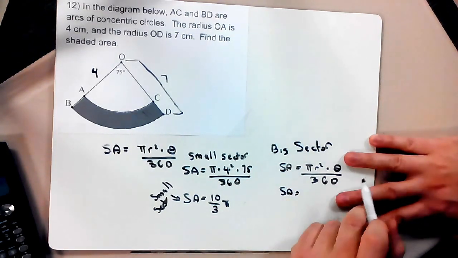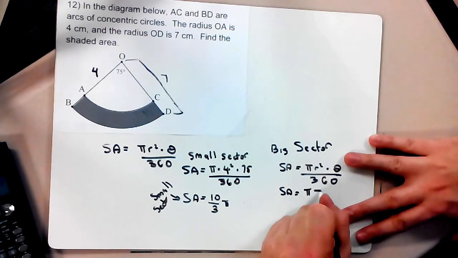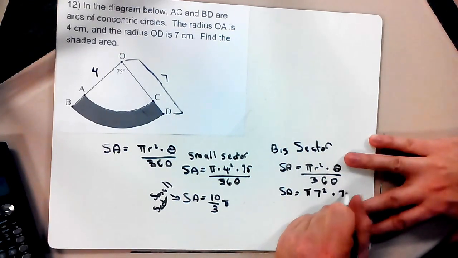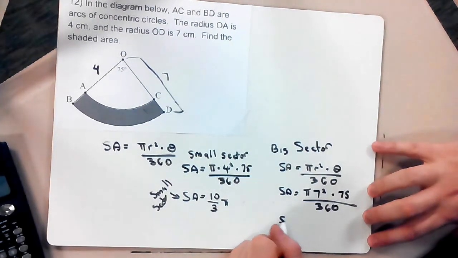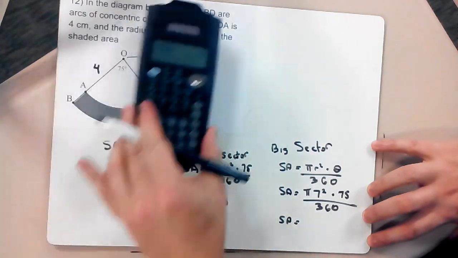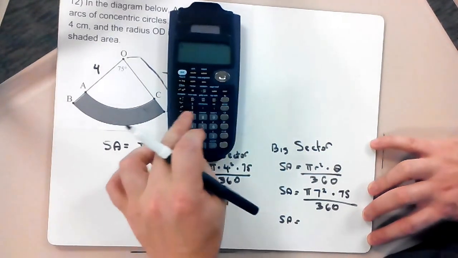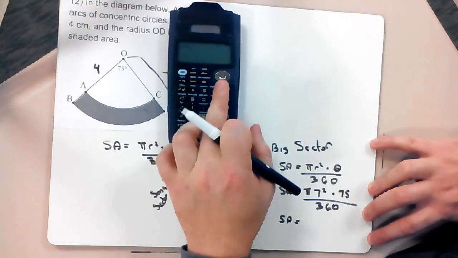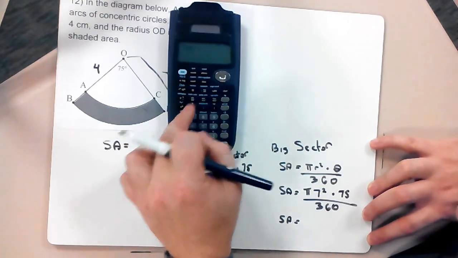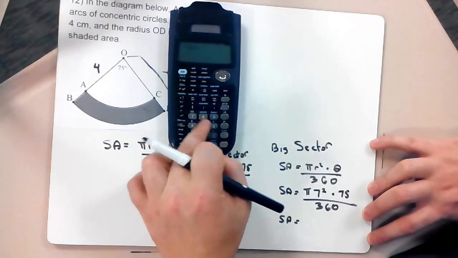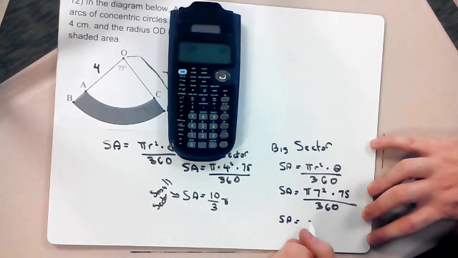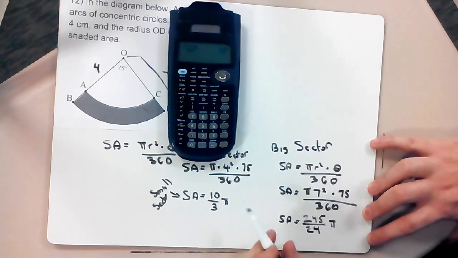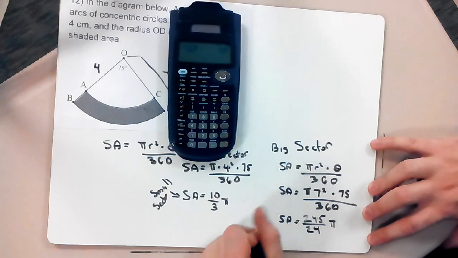So sector area equals pi 7 squared times 75 over 360. Now I'm going to plug that right into the calculator. Let me use the fraction button first. 7 squared times 75 over 360. And that's 245 over 24 pi. Okay, so that's the big sector.